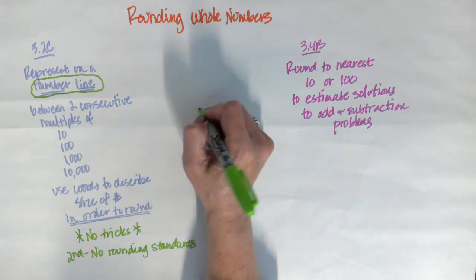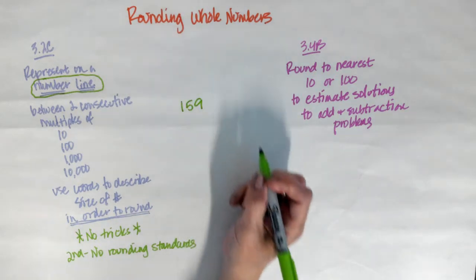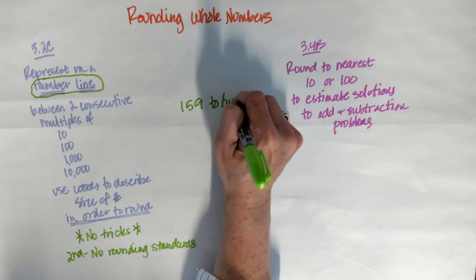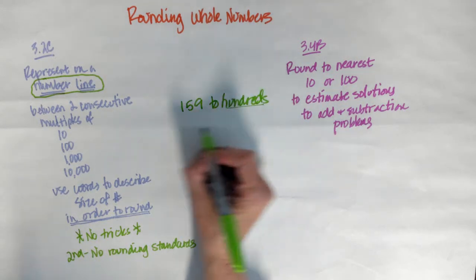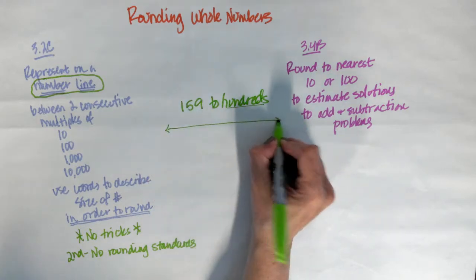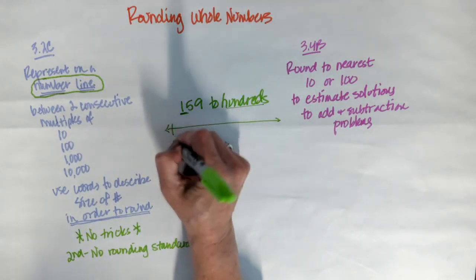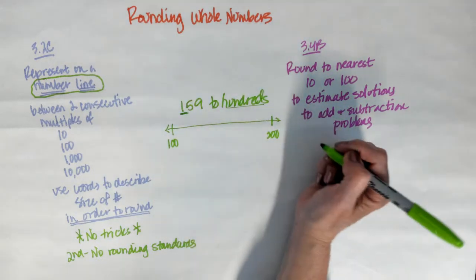Let's say that I want to round the number 159 to the hundreds place. Now, if I'm rounding to the hundreds place, I need a number line that has the 100 before this and the 100 after this. So I would need 100 and 200.